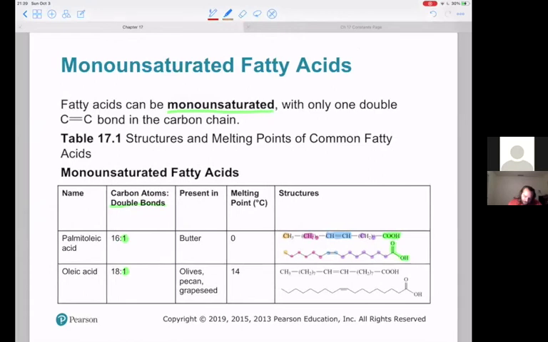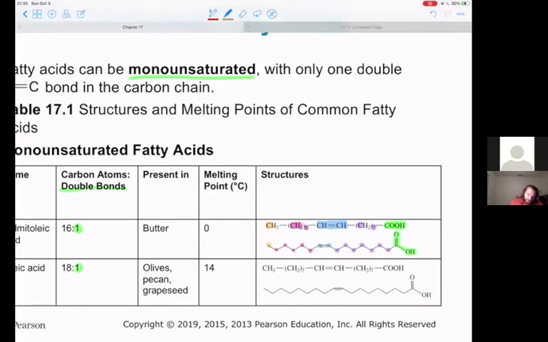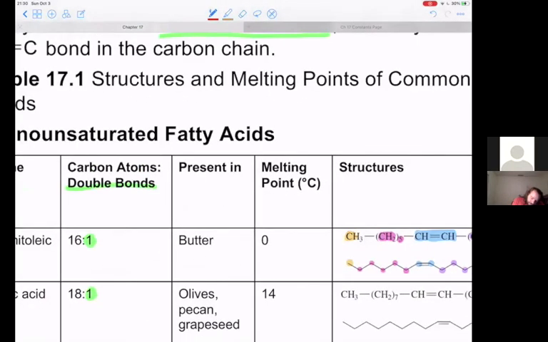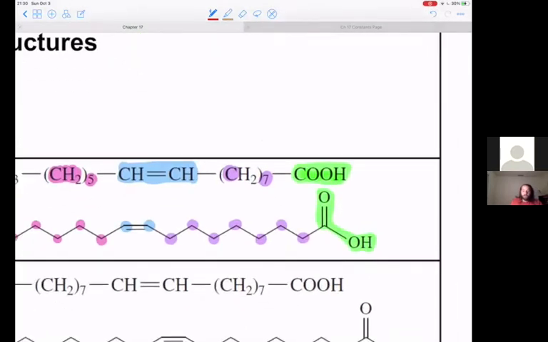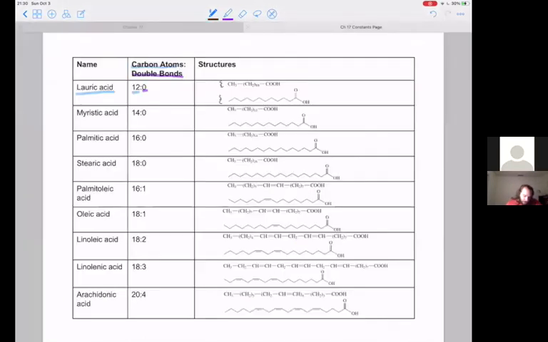What else was I going to point out? Oh, the other thing that I want to point out is that the number of carbon atoms is 16, okay? That includes all the carbon atoms in there, including that carbonyl carbon. And the reason I want to point that out is because there are going to be some Mastering Chemistry problems where you have to draw these structures. It's going to be like, draw linoleic acid or something like that, right?